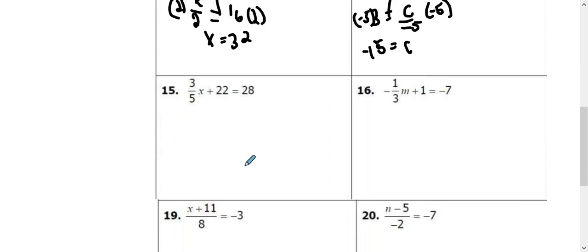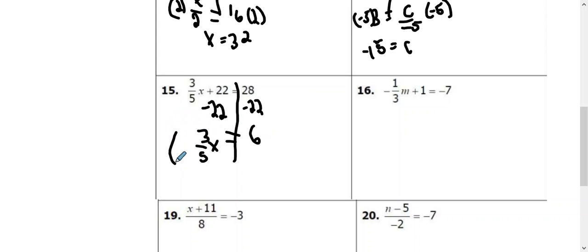Okay, we go on. Now it's going to get a little bit tricky. This is where your reciprocal comes into play. So you're going to draw your line. It's a plus 22, so you subtract 22 from both sides. So 28 minus 22 is 6 equals 3/5 x. Now, in order to get rid of a fraction in front of a variable, you're going to multiply both sides by the reciprocal.